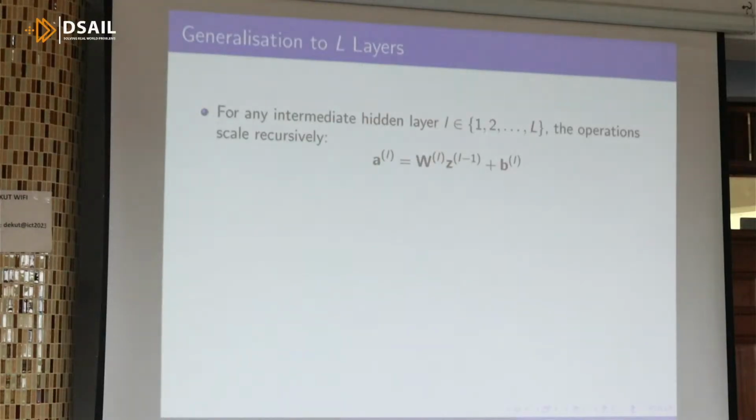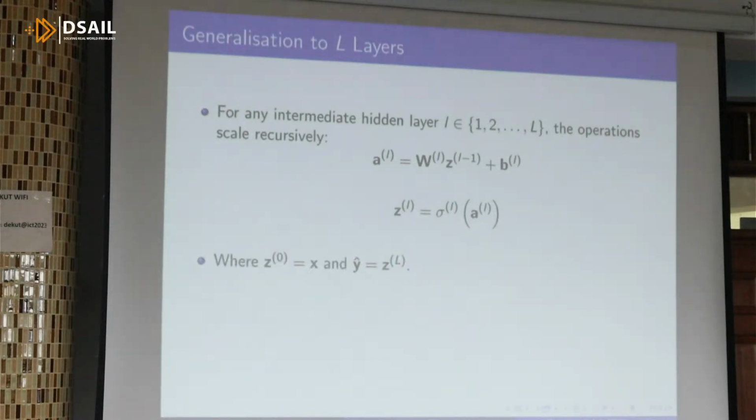The inputs sent from the previous layer, plus the bias vector, again, from the current layer. So you see, we are always operating on the inputs that are sent from the previous layer. And then the post-activation value is applying the activation function in the current layer to the pre-activation value of the current layer.